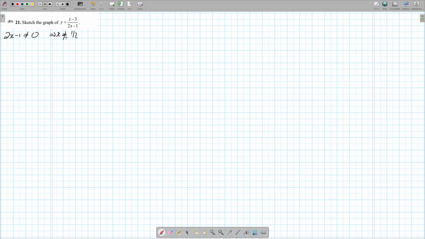So when you write your domain and you have an excluded value, this is how you write it. Your domain of f is all real numbers except your excluded value. It's always all real numbers minus, in set notation, 1/2, your excluded value, always.